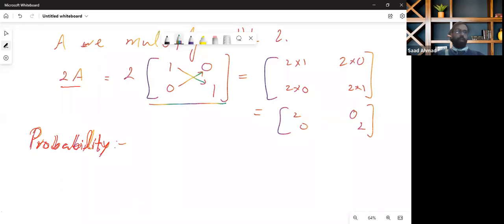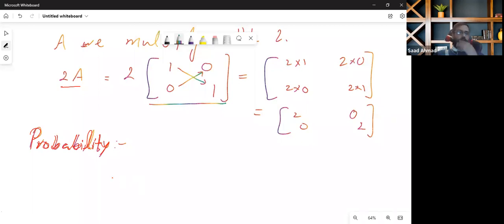Let's say, how likely is it that tomorrow it will rain? The chance of rain is the probability, like how much chance of rain there is for tomorrow.